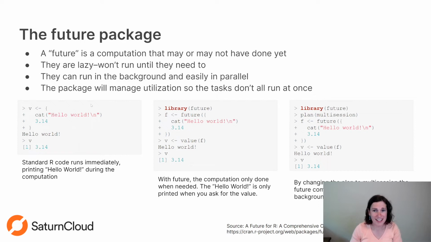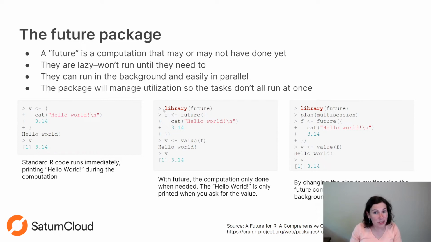So for instance, and this is all directly from the future package documentation, if you had just R code that would say hello world and the number 3.14, when you declare the variable v of this output, it'll immediately print out hello world, because that command is happening. Then if you print out v, it'll show you 3.14, the result.